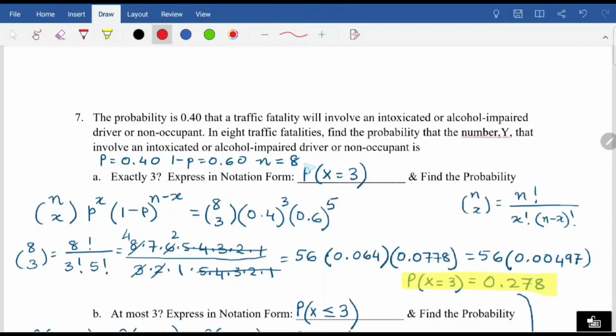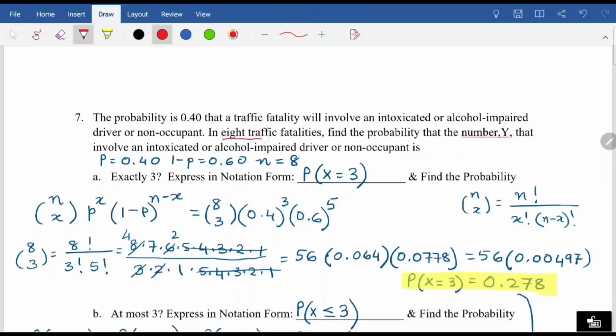What is n? n is the number of traffic fatalities that we are looking at. All right, one by one we are looking at. First fatality, second fatality, third fatality. So if you drew your tree, all right, let me get my pen out here. So if we were doing a tree, in the first draw, you are basically drawing 8 times, right?